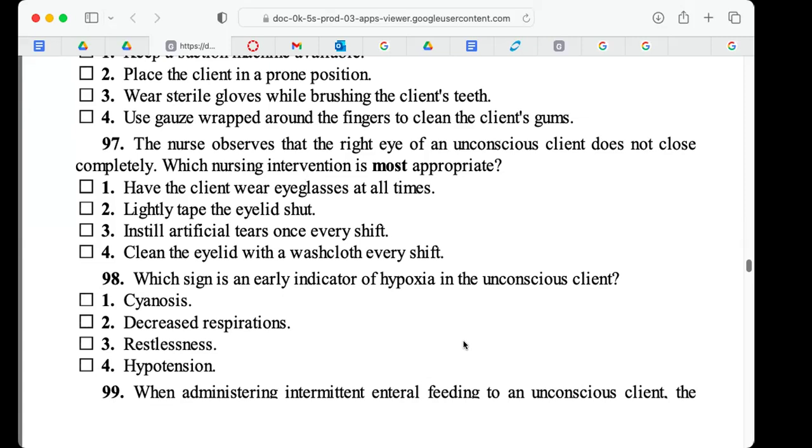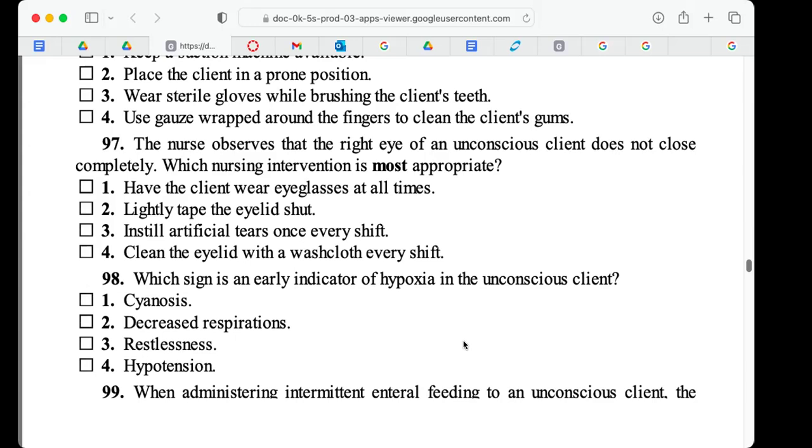Yeah, anxious, uneasiness, apprehensiveness. These are common words you're going to see on your exit or NCLEX. Restless, anxious, uneasy, apprehensive. All of those equal check O2 saturation. If that's normal, then you check the blood sugar.